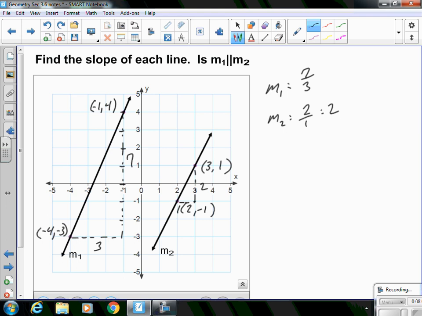So 7/3 and 2. 7/3 is 2 1/3, so they're close, but the slopes are not exactly the same. And so they are not parallel, because they have different slopes, right?